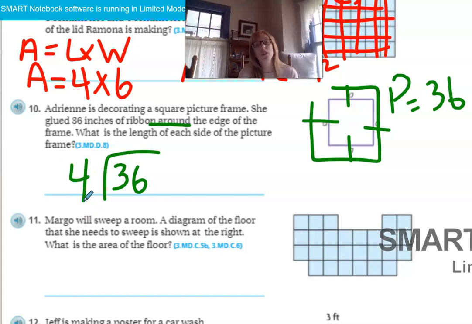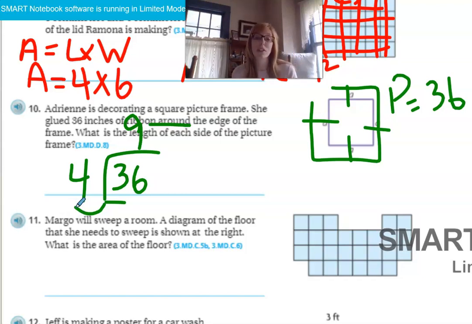So we know the opposite of multiplication is division, so the opposite of division would be multiplication. So you use your fact families and you think to yourself, 4 times what equals 36? And you could do the nines trick. 3 plus 6 is 9, and 3 is 1 less than 4. And so you know it's a nines trick, so 9 times 4 is 36.